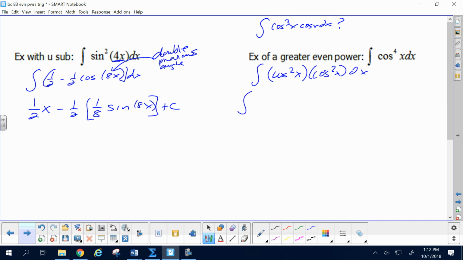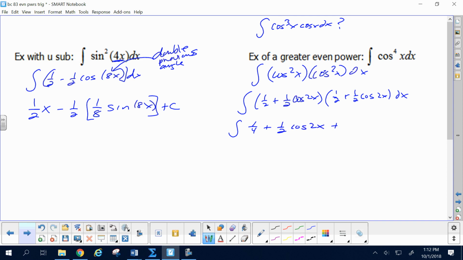So cosine squared is 1/2 plus 1/2 cosine 2x. Some students like to take out the half, some don't. It's up to you. But I need to FOIL. I get 1/4 plus a fourth cosine 2x plus another fourth cosine 2x is a half cosine 2x.